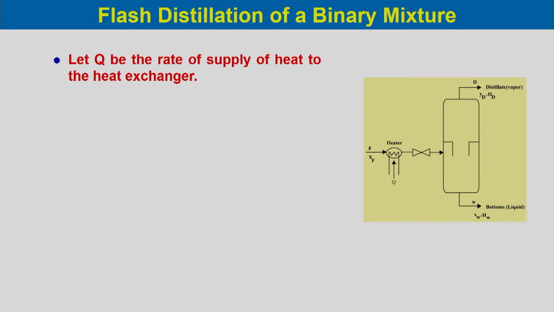Now, let Q be the rate of supply of heat to the heat exchanger. If we preheat the feed to a particular temperature, we need to supply some heat to this heat exchanger.